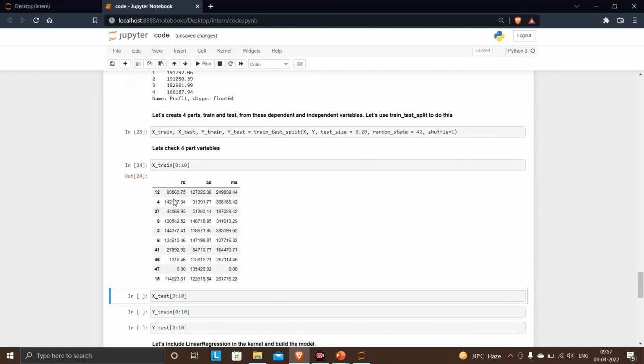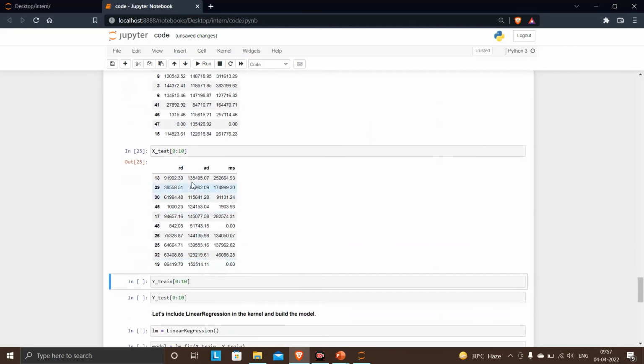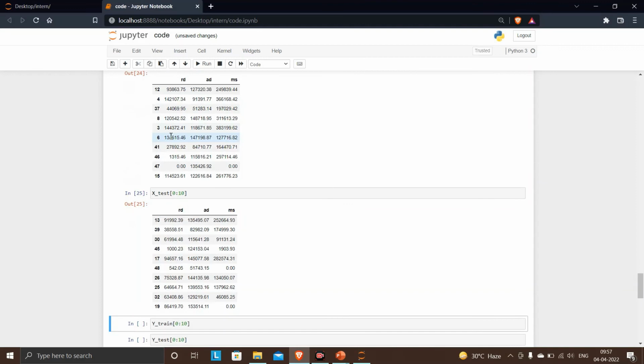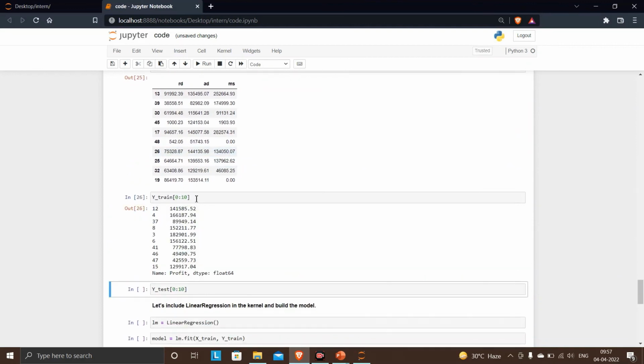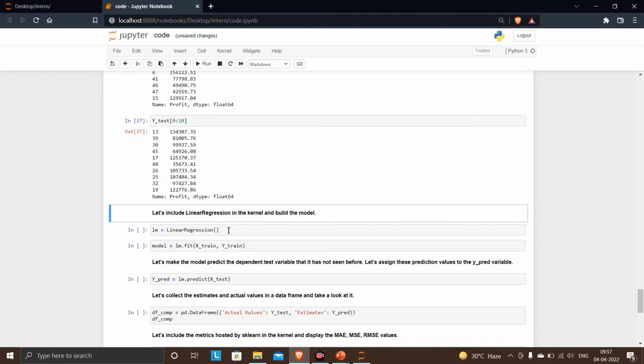Now x_train has our data like this, and x_test has rows 0 to 10. Y train and y test have data like this. Then let's include linear regression in the kernel and build the model. I have written LinearRegression and fit the model with x_train and y_train, and y_pred as prediction on x_test.